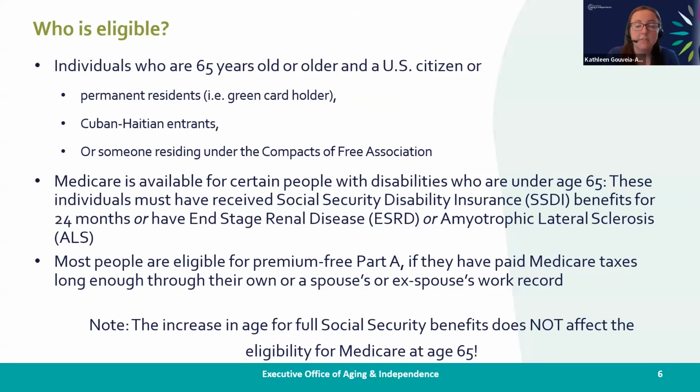These individuals must have received Social Security Disability Insurance or SSDI benefits for 24 months or have end-stage renal disease or ESRD or ALS. Most people are eligible for premium-free Part A if they have paid Medicare taxes long enough through their own or their spouse's or ex-spouse's work record. Please note, the increase in age for full Social Security benefits does not affect the eligibility for Medicare at age 65.